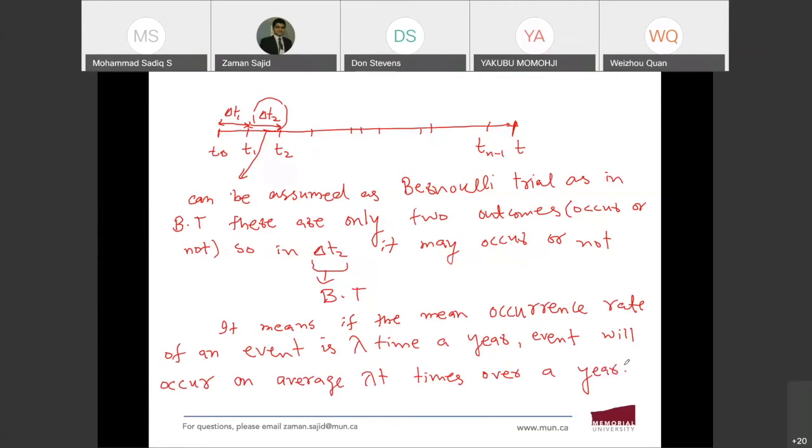Just keep in mind this is the time unit, so it can be days, months, or any time unit. Accordingly, if I choose a month here, it will be lambda t times over a month basically. So the units need to be consistent. I'm going on the next slide, please.